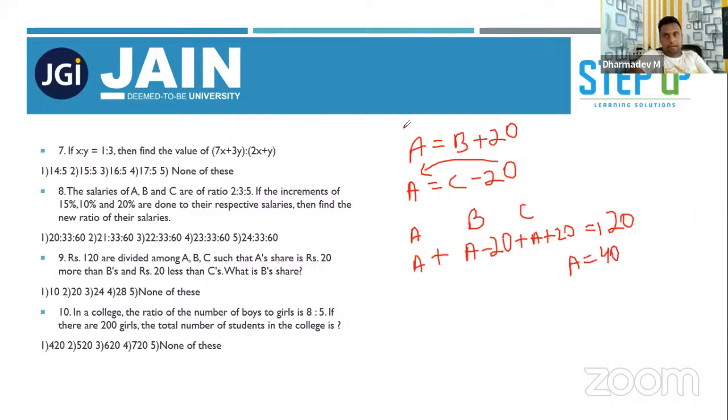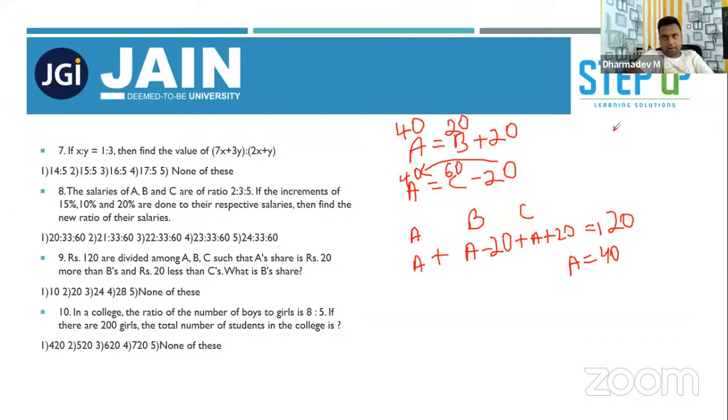If A is 40, now we know that it is 20 more. So this should be 20. That means B value must be 20. If A value is 40, then C value must be 60. That's it. 60 minus 20 is 40.